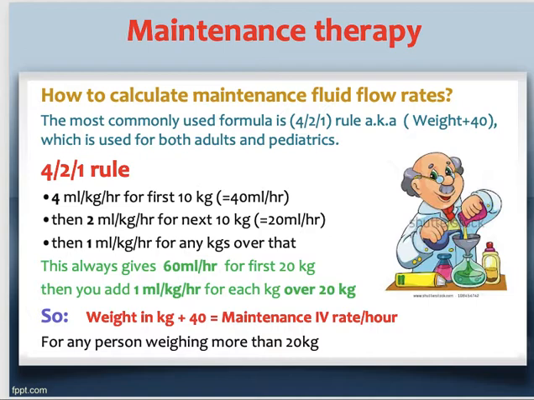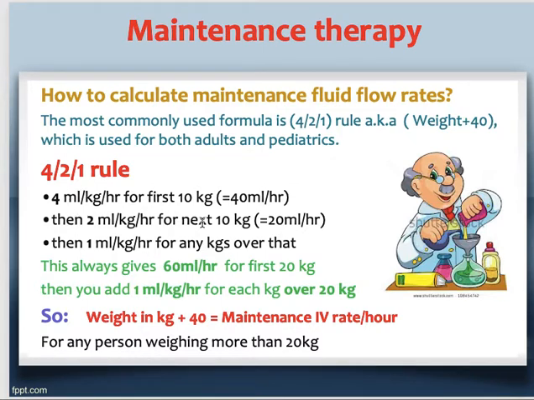You can see over here maintenance therapy, how to calculate. There is the 4-2-1 rule. When I teach pediatrics, I give a very good detail about this, because this rule is mostly used in pediatric patients. For the first 10 kgs, we give 4 milliliter per kilogram per hour.